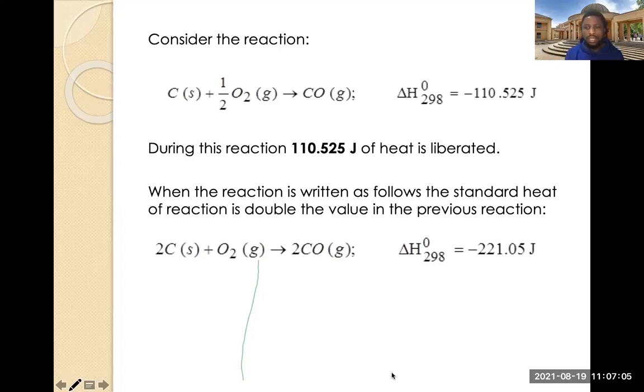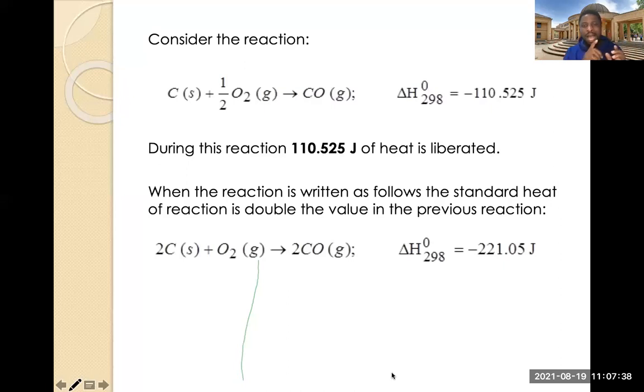What this means is that for us to know the heat of reaction of an entire reaction, we need to be able to know the heat for the different components, and we call it heat of formation. So let me repeat that again: for us to know the heat of reaction for a process, a process is complete.